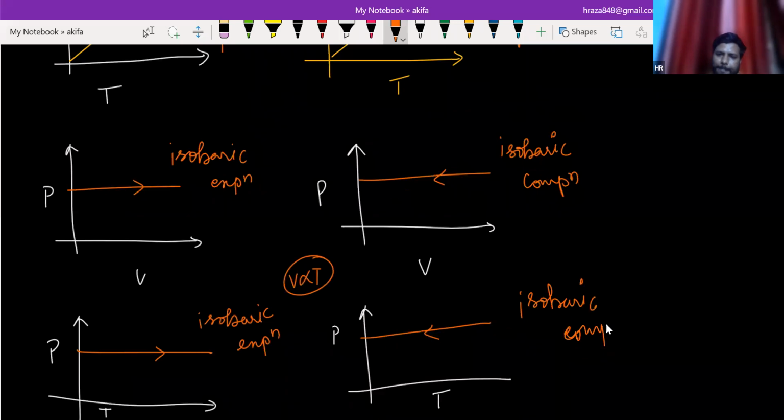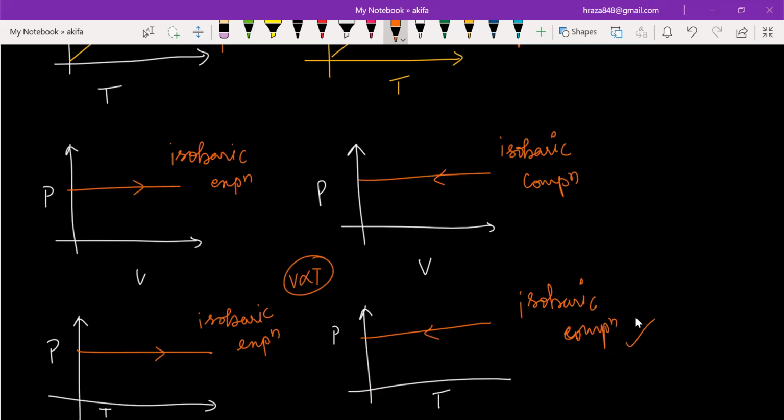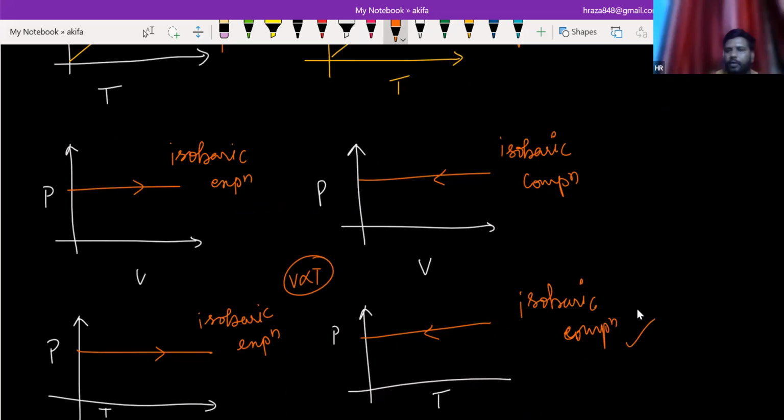Yes or no? Yes. So please write it. Then we are going to have two more different processes, that is adiabatic process and then cyclic process. Then we will have reversible process and irreversible process, which is very important for our derivation of the work done formula.